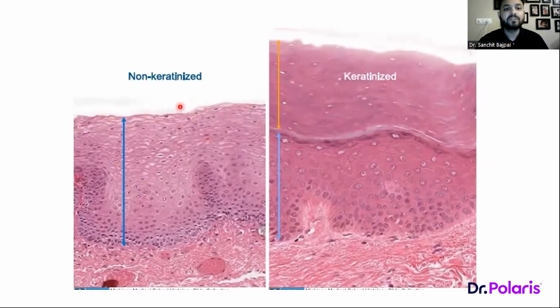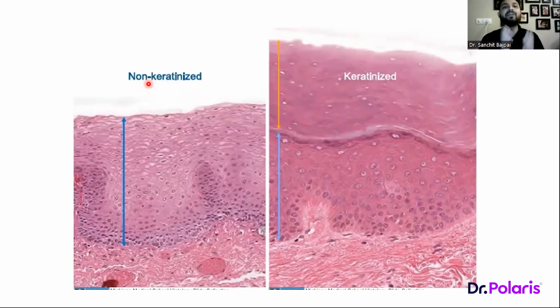Okay. So this is the particular example of those things which are under wear and tear every day, but still they happen to be moist. How? Esophagus. You eat food every day, right? Once the food is going inside, it is scratching all the epithelium there, but it cannot be keratinized. It cannot be dead. It is non-keratinized because it is keeping it moist. Similarly, your buccal mucosa. If you see your buccal mucosa inside, it is thick. Every day you're eating food, churning food inside, but still it is helping you churn it, right?